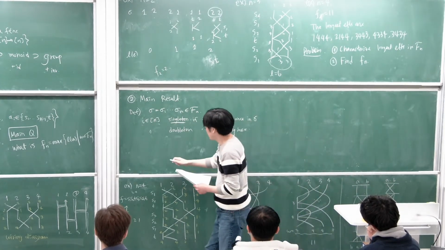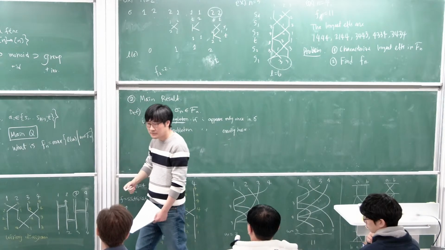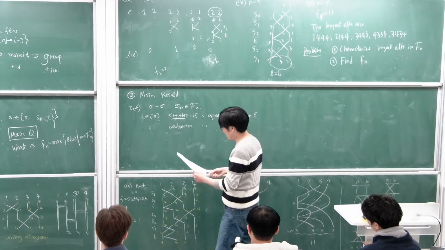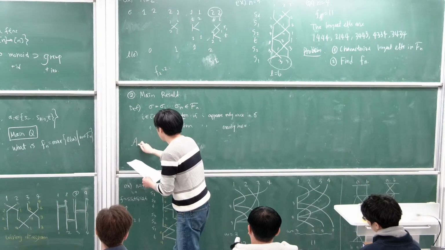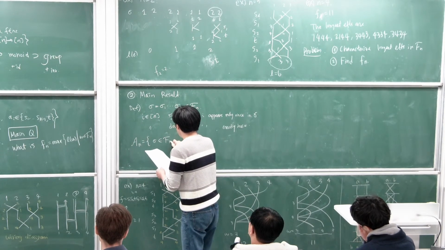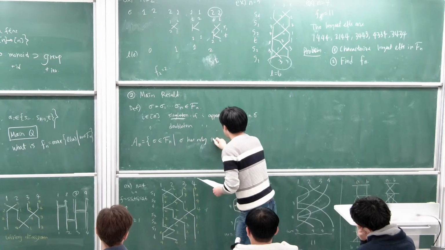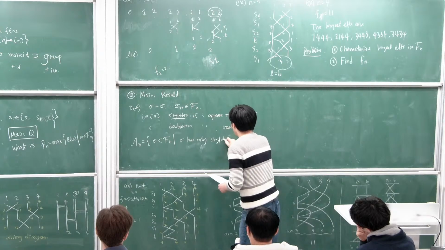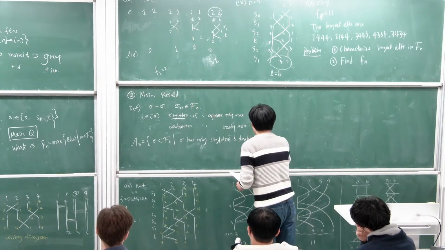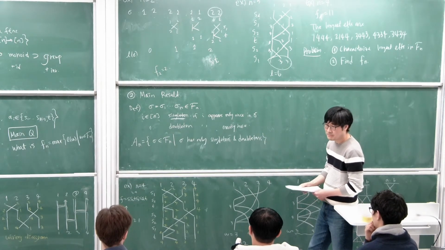Because working with the entire set of all functions would be maybe too complicated, we decided to focus on A_n, the set of functions that have only singletons and doubletons. That means every number appears once or twice, or zero times, meaning it does not appear.